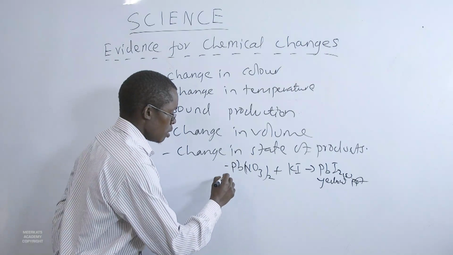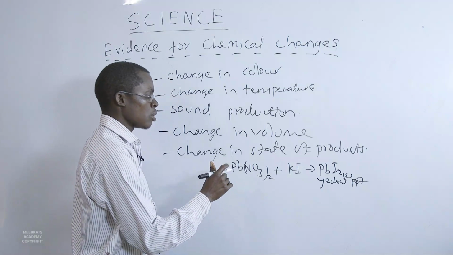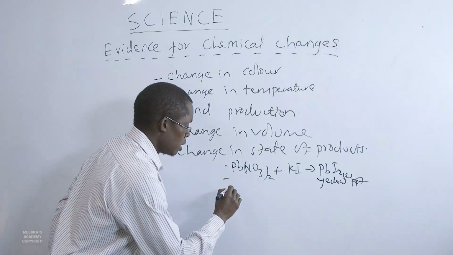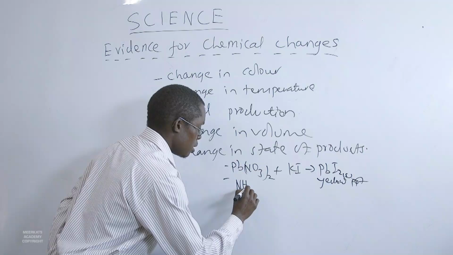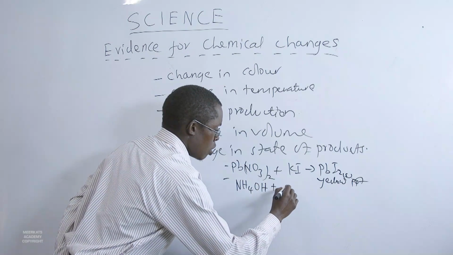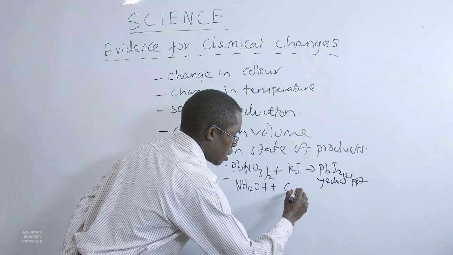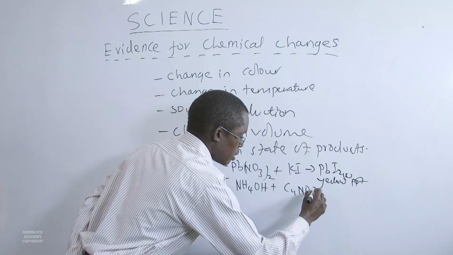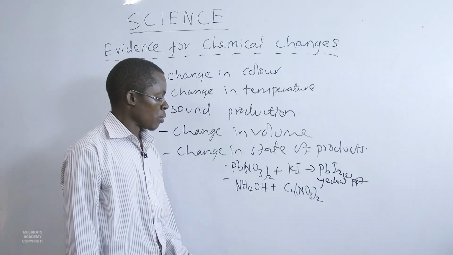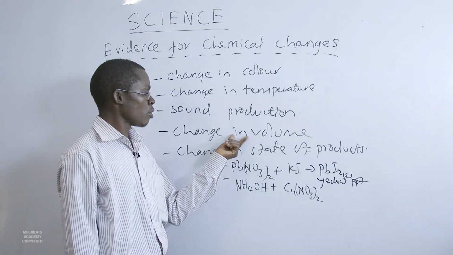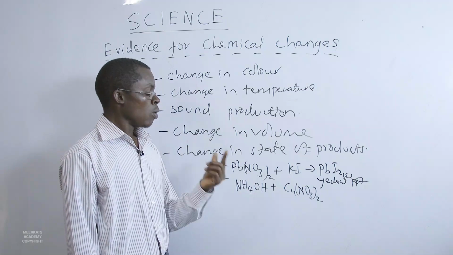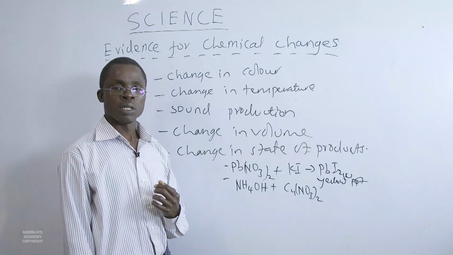And number two, we can use a reaction of what we have learned in volume, which is ammonium hydroxide reacting with the copper, for example, copper nitrate. So we have our ammonium hydroxide that we have just formed in this part, which is a colorless solution.